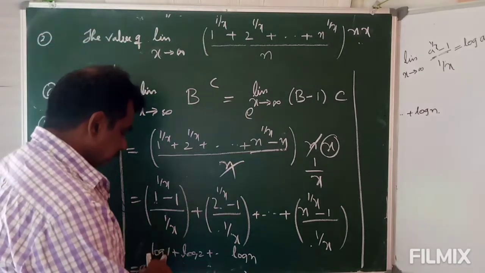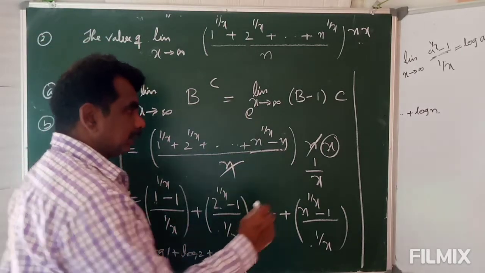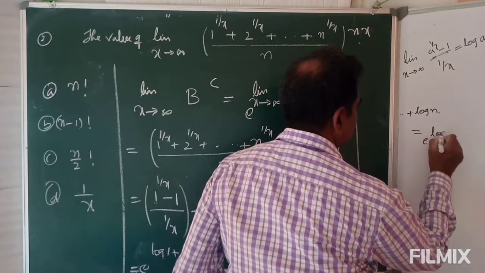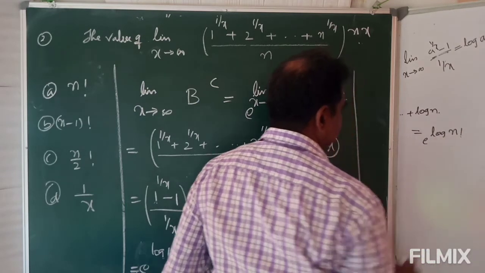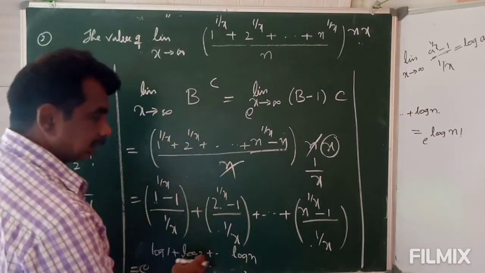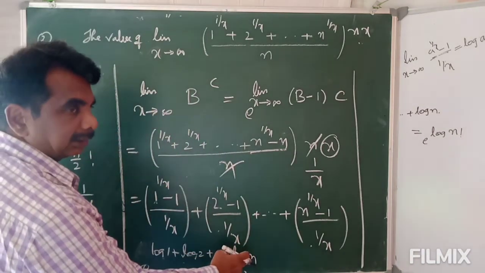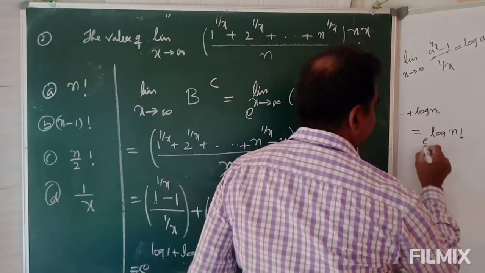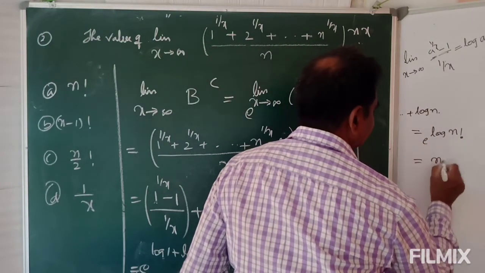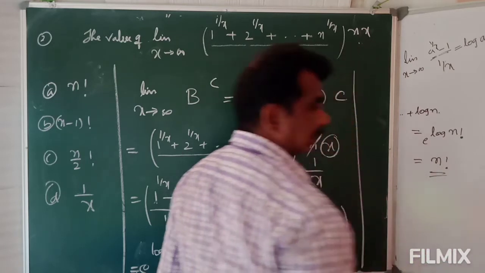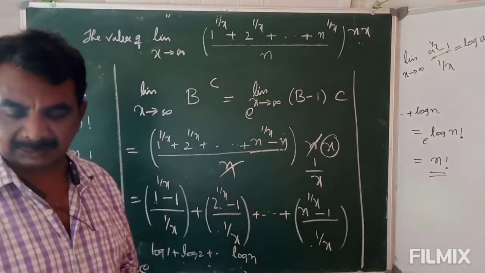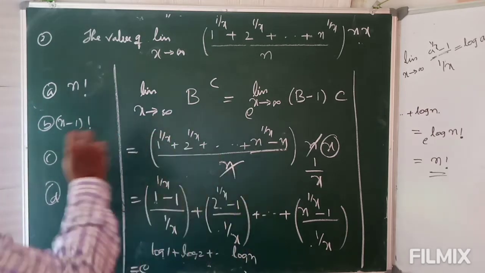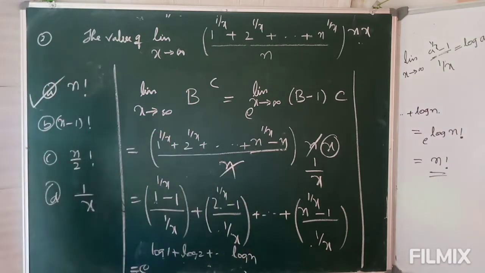Similarly, log 1 into 2 into 3 up to so on, that is e power log n factorial. That is 1 into 2 into 3 into 4 up to so on, n, means n factorial. E power log of a number is equal to the number, that's all. What is that number? n factorial. A is the answer.